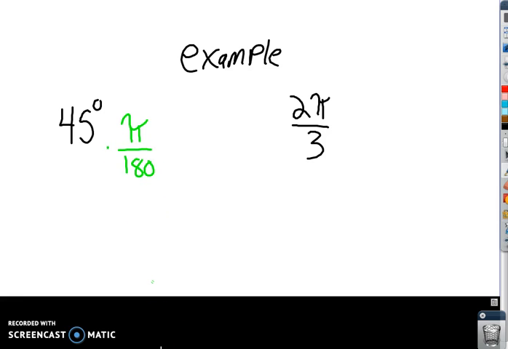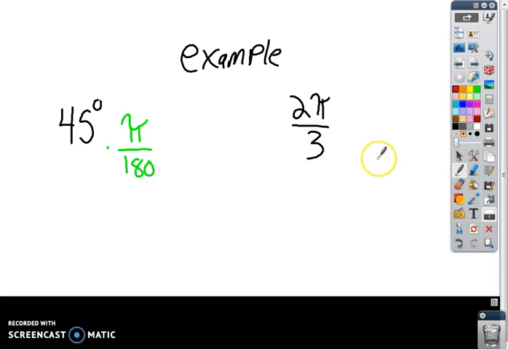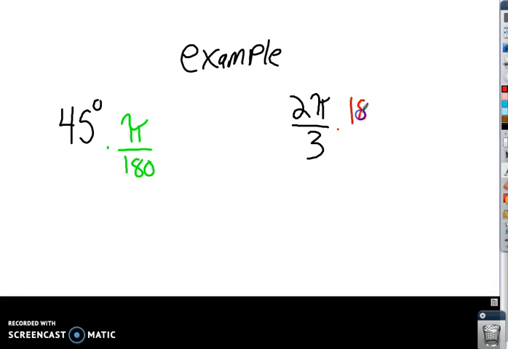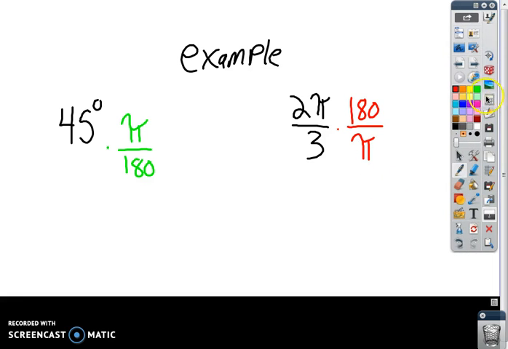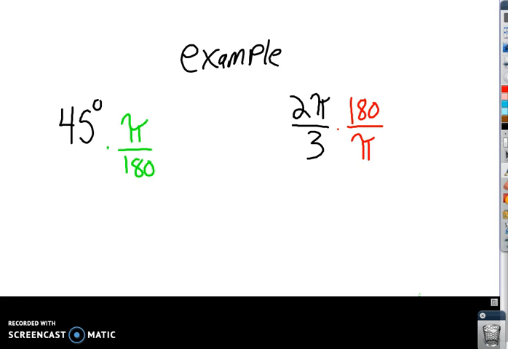And for this one, I want to do the reverse, which is 180 over pi. Easy way to remember these, folks: the number that you see should grow when you go from radians to degrees, and it should shrink when going from degrees to radians.